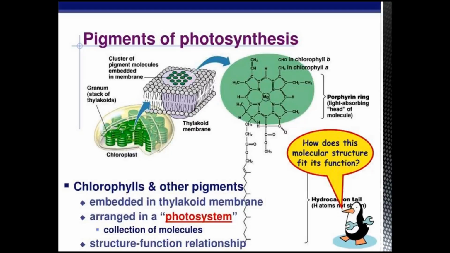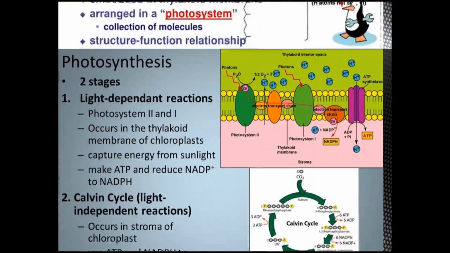The primary pigment and accessory pigment together are called a photosystem. Have you understood the photosystem? The primary pigment and accessory pigment together make a photosystem.